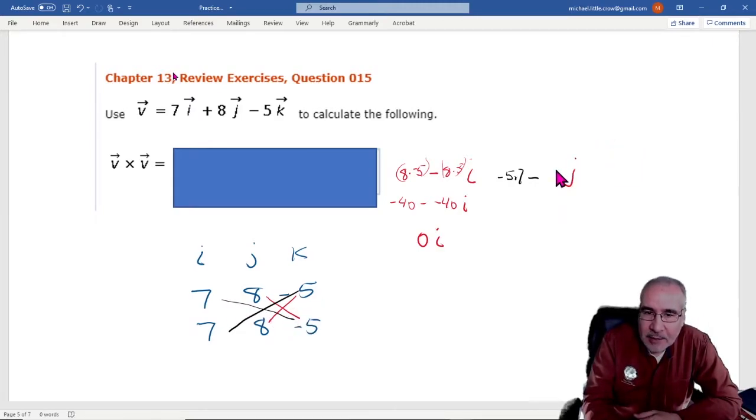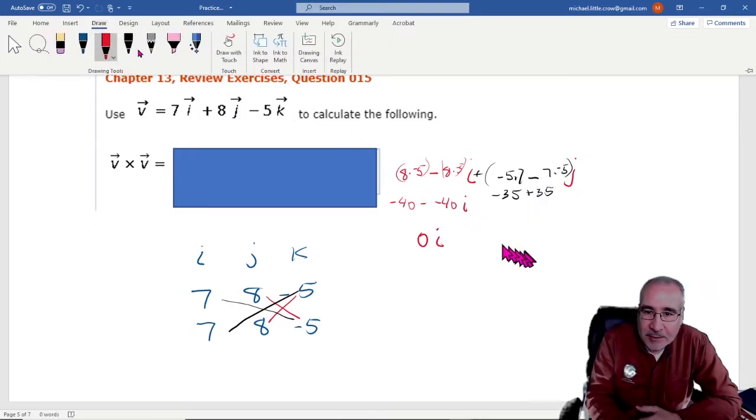Now, again, in this case, it doesn't really matter, but we want to be consistent so that when we do it, it all makes sense. So negative 5 times 7 is negative 35. 7 times negative 5 is negative 35 with another negative, so negative and negative make it plus 35. And yes, you got it, it's a 0.